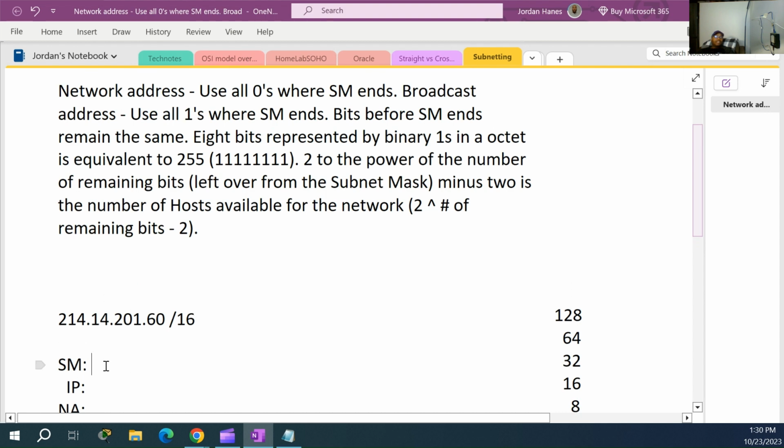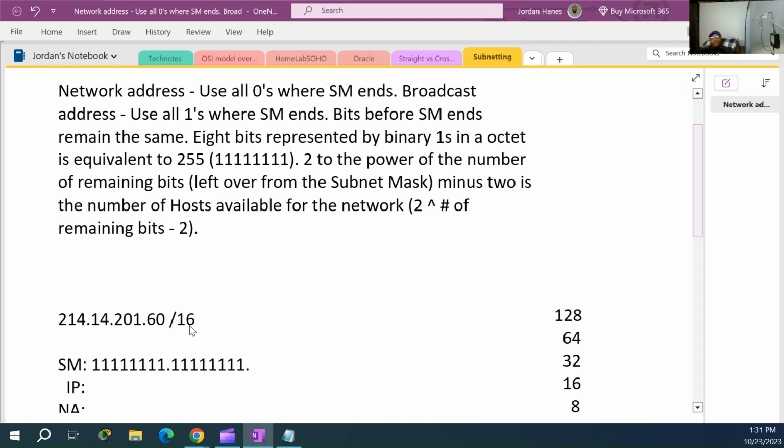So first thing we need to do is find the /16 CIDR notation, and we write that out by writing 16 ones. So 1, 2, 3, 4, 5, 6, 7, 8, and that's the first octet. 1, 2, 3, 4, 5, 6, 7, 8, and that equals our 16 for the second octet.